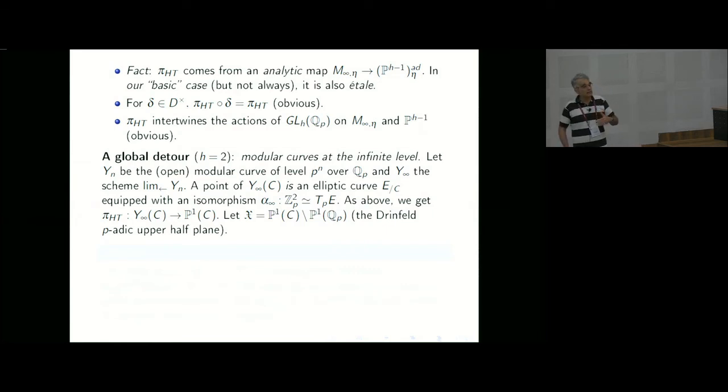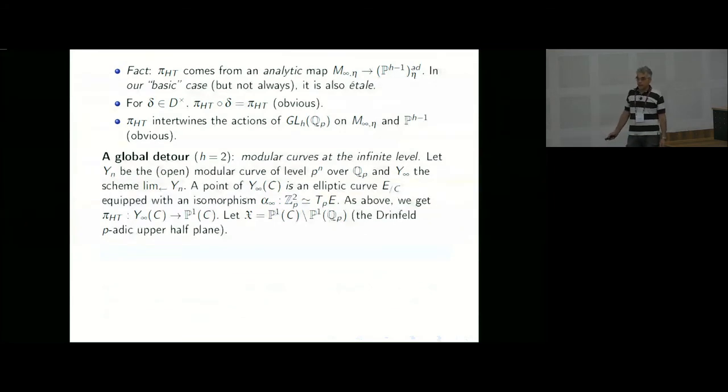Okay, so we add full p level, full p squared level, and so on. So we can do it not only at the level of the Lubin-Tate deformation space, but also for the full open modular curve. Okay, open in the sense that I do not consider the cusps. And let Y_n denote the modular curve of level p^n over Q_p, and maybe some tame level if you want.